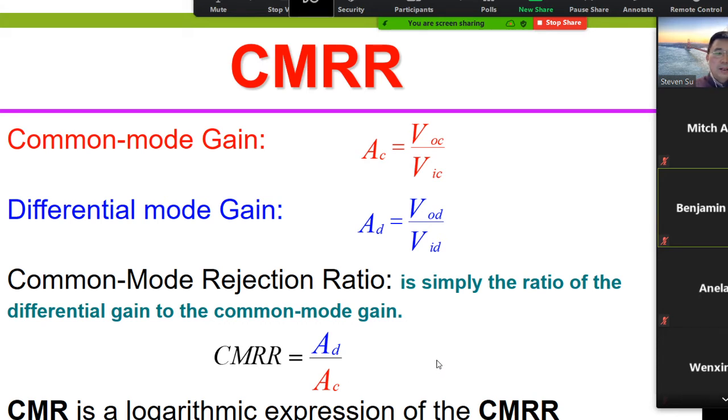For example, if CMR is 100 dB, can you transfer it to CMRR, the common mode rejection ratio? 100 divided by 20 is 5, so the log10 of CMRR is 5, and CMRR is 10^5. So 100 dB is 10^5. You should remember this slide. This CMR is very important.